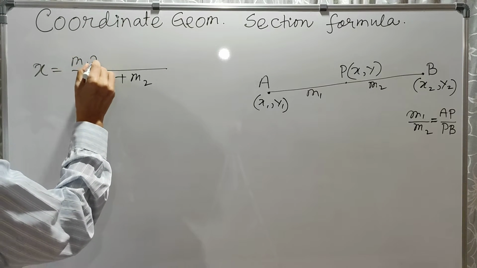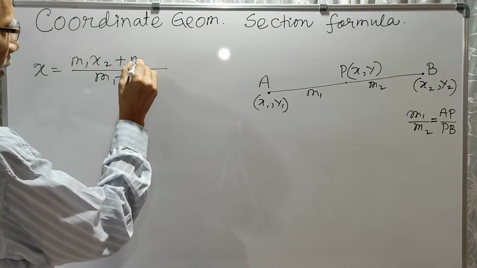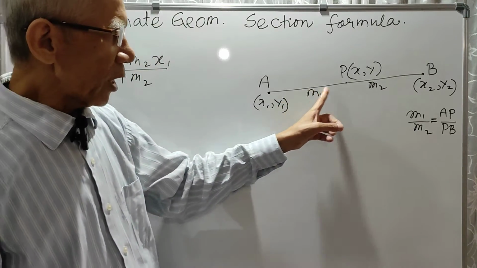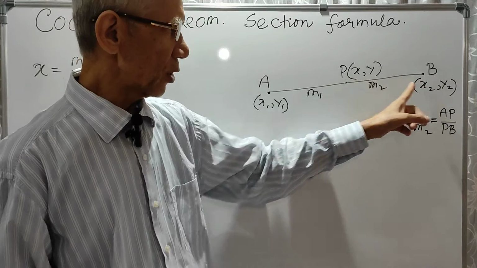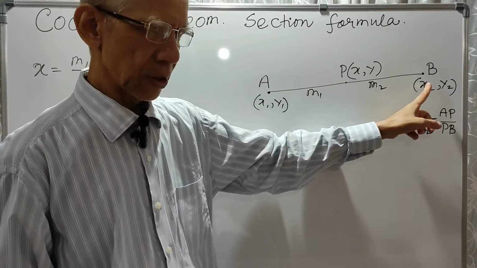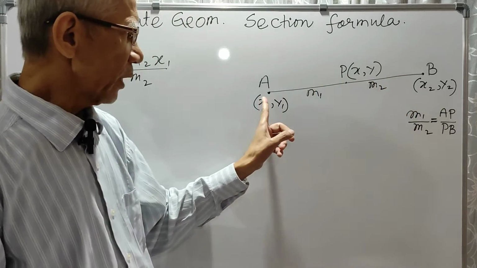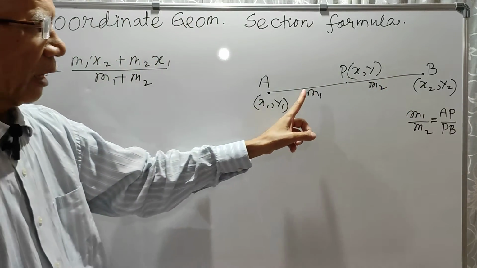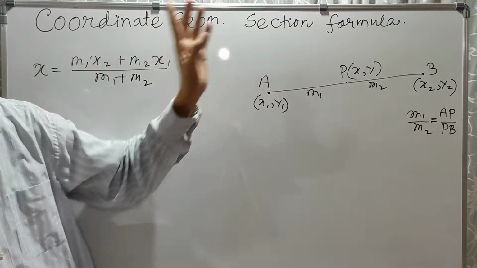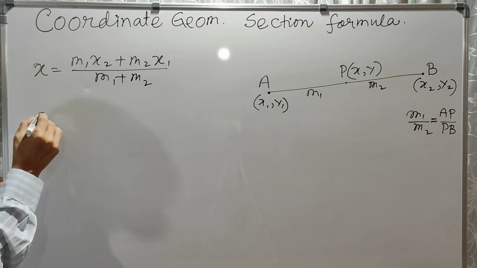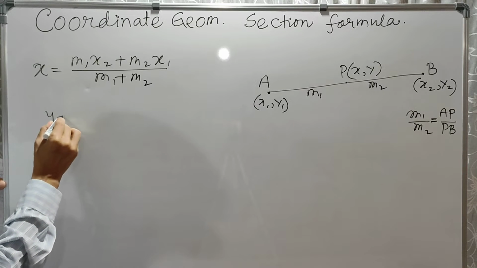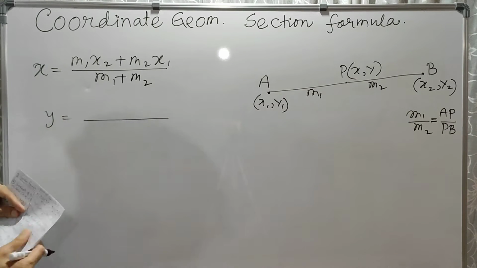So, not m1 into x1, m1 into x2, opposite, plus m2 into x1, divided by m1 plus m2. This is the coordinate of x according to this section formula.